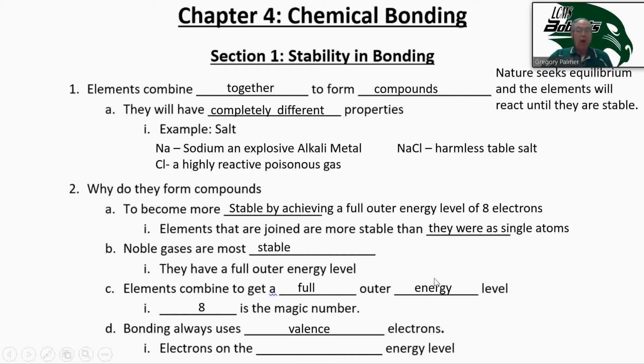Bonding always uses valence electrons. And that's why in the last unit we spent so much time fussing around with those Bohr models, and I had you make like 8 million Bohr models and ask you all about the valence electrons. What do they all have in common? Why do they all have the same properties? Because of the same number of valence electrons. Why are they in a family? Because of the same number of valence electrons.